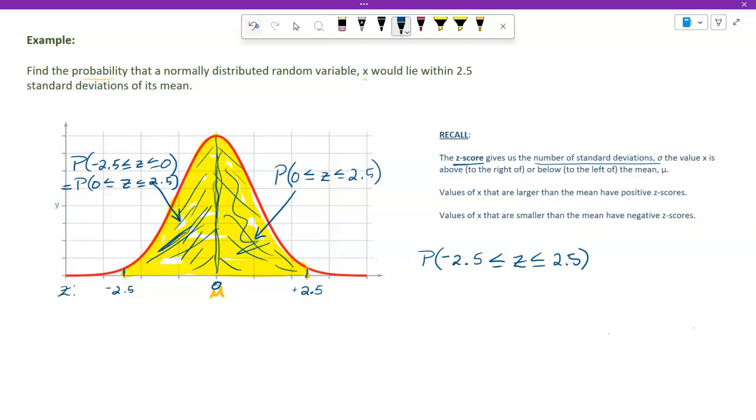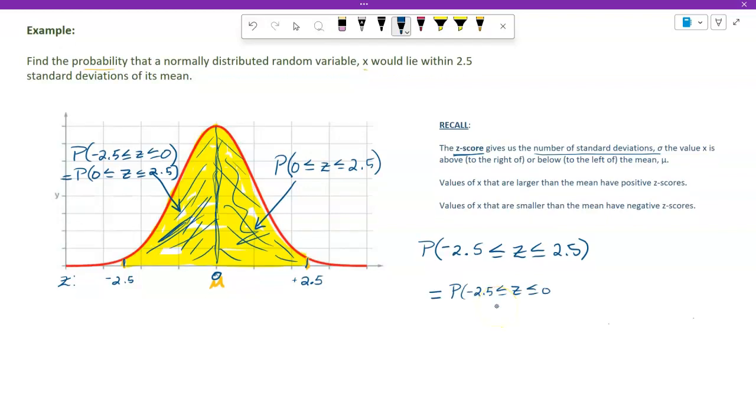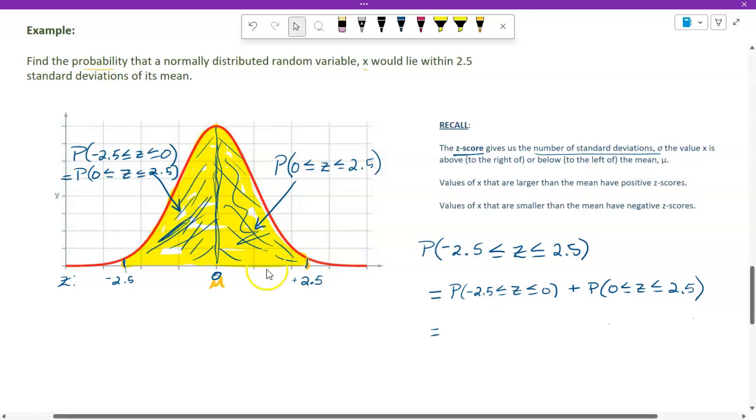So we're going to have the same area on the left of the mean and on the right of the mean. We want the probability between negative 2.5 and 0, plus the probability from 0 to 2.5. And these are actually going to be the same thing. So what I can do is just find this value from 0 to 2.5.